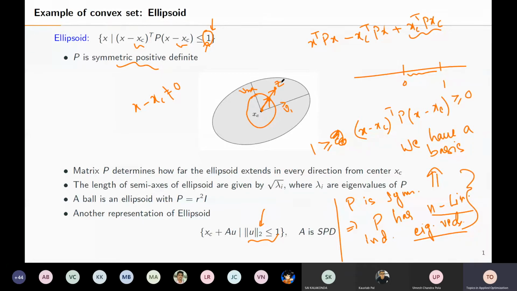Since v1 and v2 form the basis, and these are the eigenvectors of P, which gives us a basis because it's symmetric, z can be written as alpha v1 plus beta v2. That's what basis means: using those basis vectors, I can express any vector. So now the question is where these vectors stretch, right?